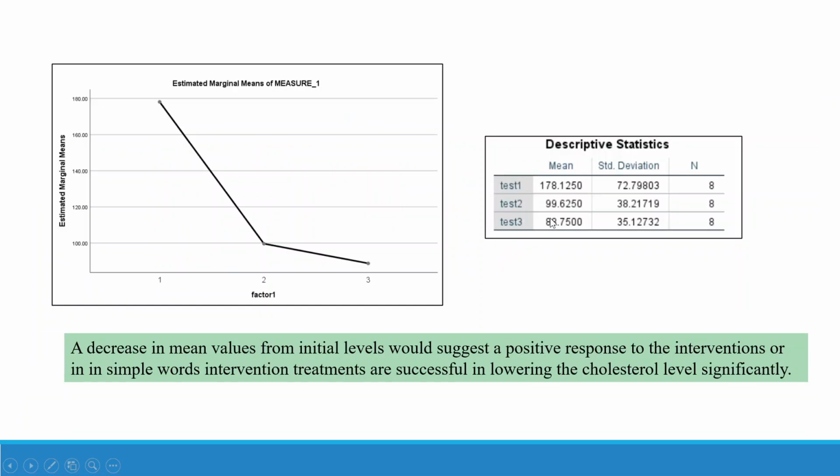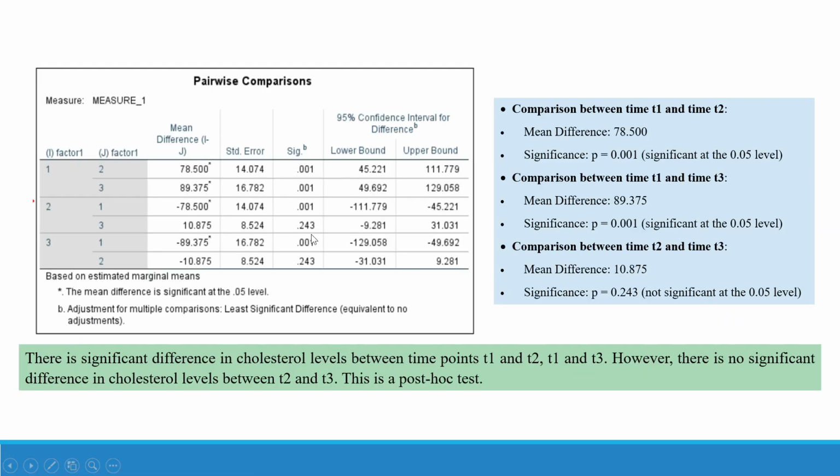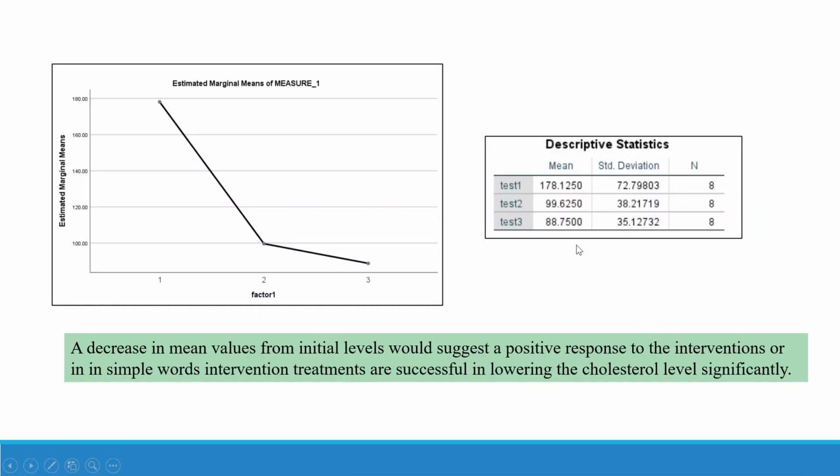When you take the difference of T2 and T3, 99 and 88, roughly it is 10. This is this one, 10.875. So the cholesterol levels have considerably reduced from T1 to T2, right? But it has not reduced considerably from T2 to T3. The drop is not so large.